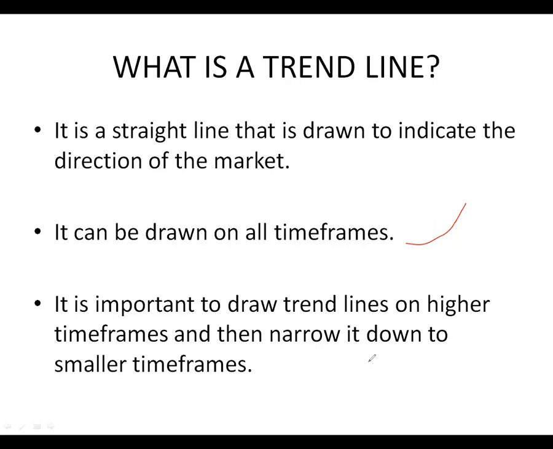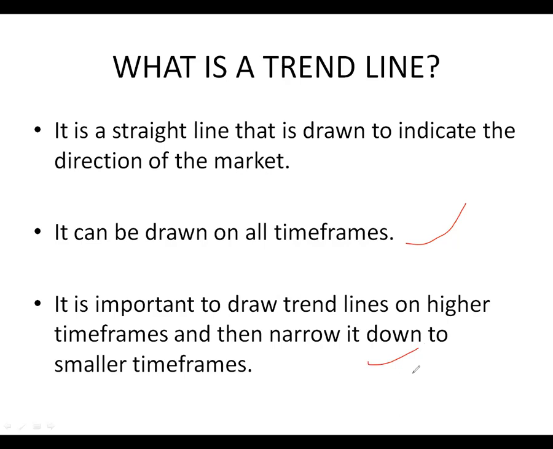Now, the third point says that it is important to draw trend lines on higher time frames and then narrow it down to smaller time frames. So you go to maybe the monthly, the weekly, or the daily time frame, then you draw your trend line.